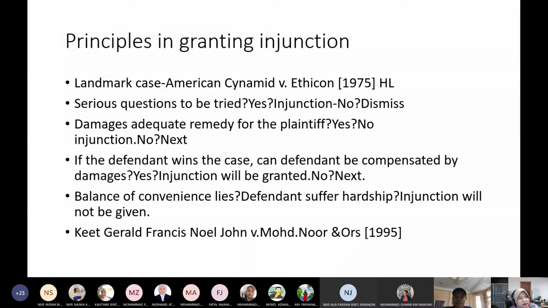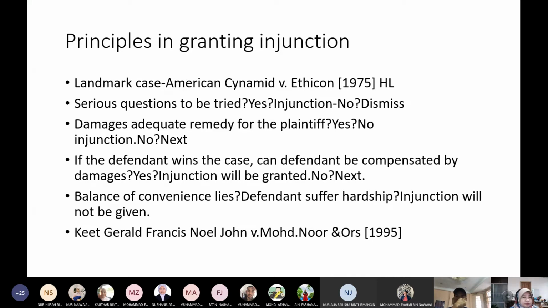My wife has custody of my children. She has their passport. I cannot go out of the country, you know. I'm not that mean to bring the children out of the country. There is no serious issue to be tried. Don't just say serious questions to be tried, but state the facts of the case.